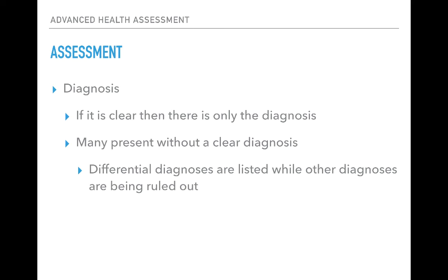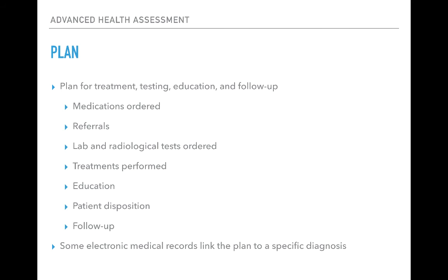In that case, you would use differential diagnosis. So let me review this so you understand. You're not using nursing diagnoses anymore. And it's okay, and in fact a good thing, to list differential diagnoses until you are sure of the correct diagnosis. And then you want to make your plan.